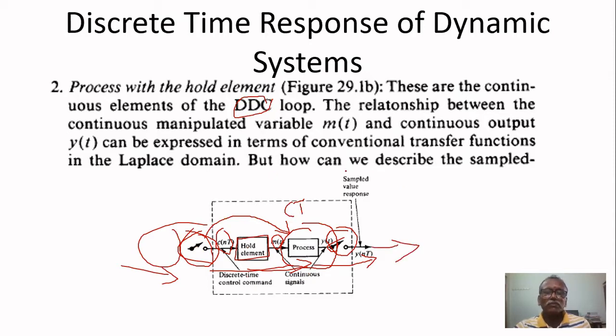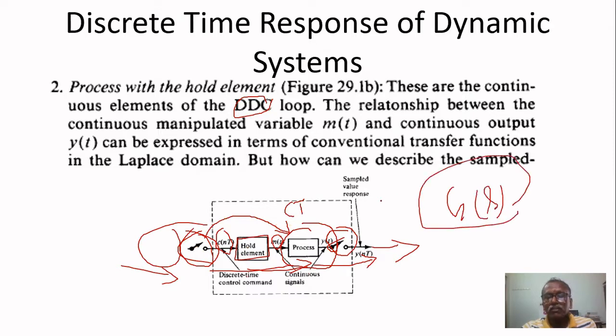Now we know how to express a continuous time domain signal in the Laplace domain. We will find G of S directly, because the input is continuous and the output is also continuous. But here the system is continuous, so we cannot give discrete input.